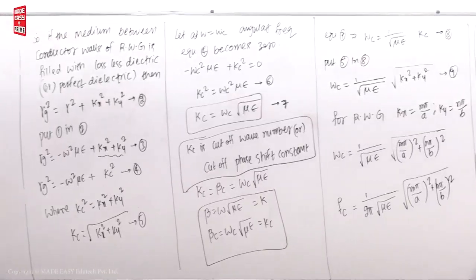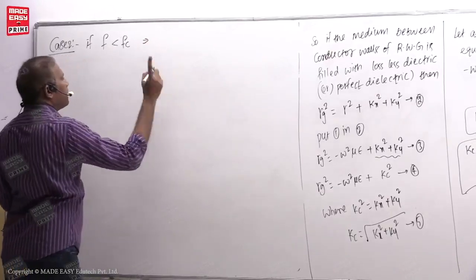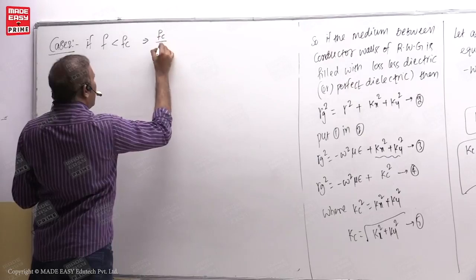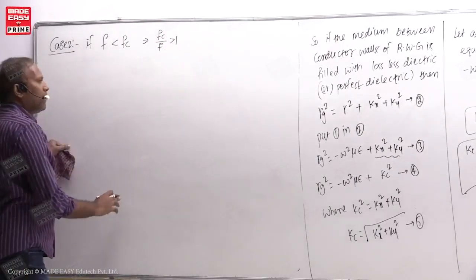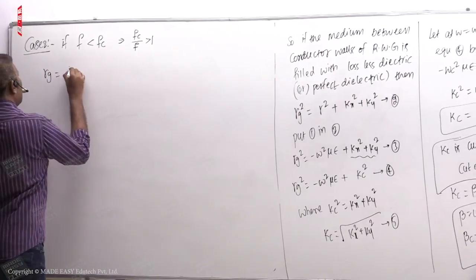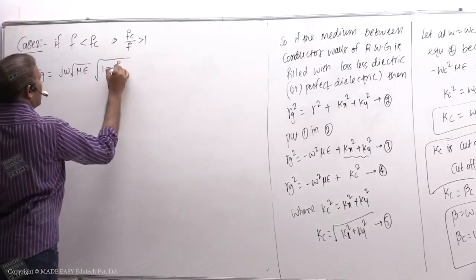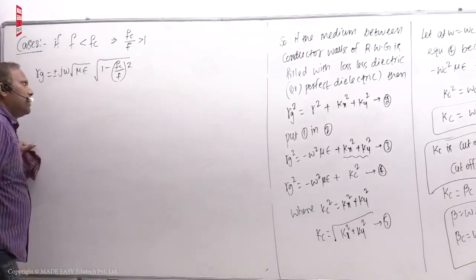If f less than fc, student, that implies fc by f is greater than 1, right. Then gamma g is equal to j omega root mu epsilon root of 1 minus (fc by f) whole square, plus or minus.